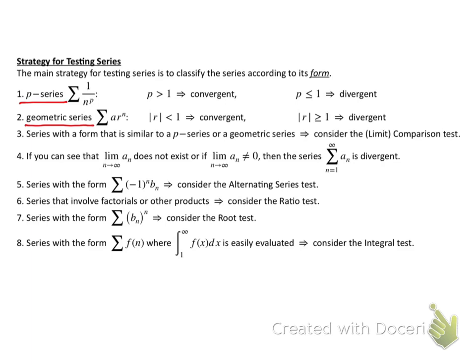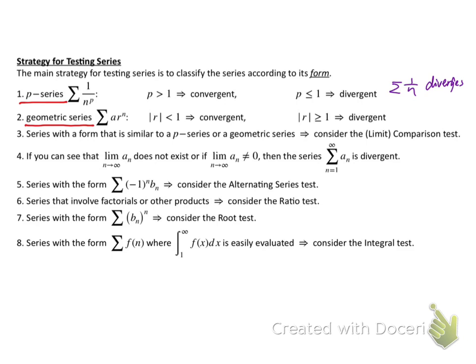When you have the sigma of 1 over n to the p's power, p greater than 1, the series is convergent. P is 1 or less, the series is divergent. In particular, sigma 1 over n is the harmonic series, that is the dividing point, and that diverges.